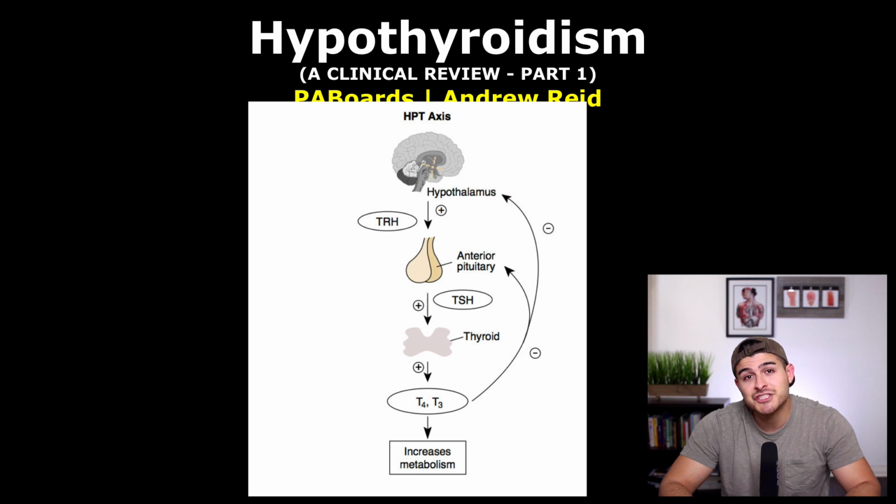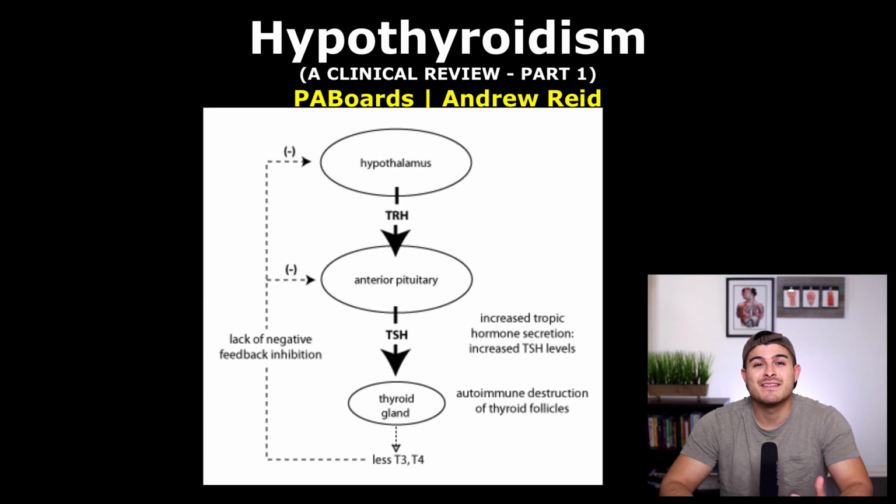Now we said, remember, Hashimoto's in the United States is the most common etiology of hypothyroidism. Overall, across the world, we're talking of iodine deficiency. Now, what happens in Hashimoto's disease, right? The body is going to feel as if the thyroid antigens are foreign. And then we have lymphocytic infiltration of the thyroid gland.